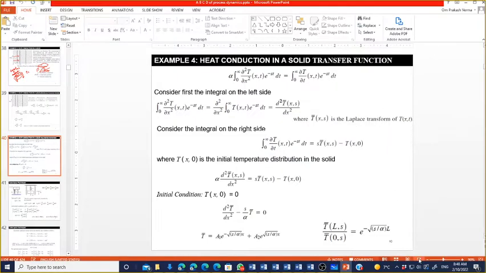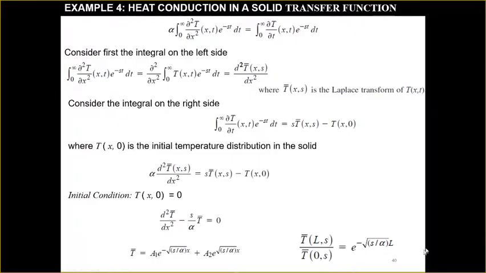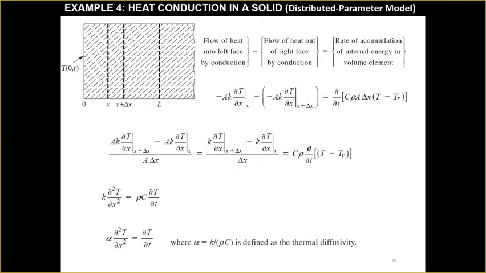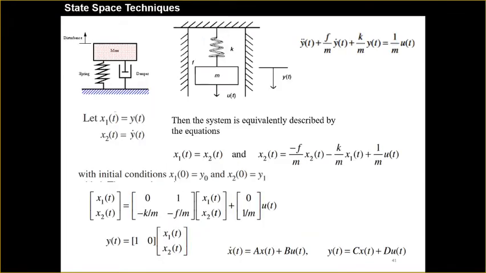Today we are going to... In the previous lecture we have covered the modeling of the distributed parametric system, right? And we have taken one example of the heat conduction in a solid, right?